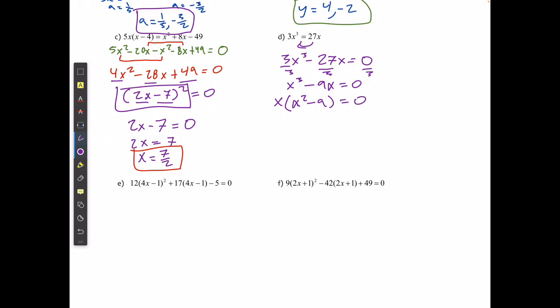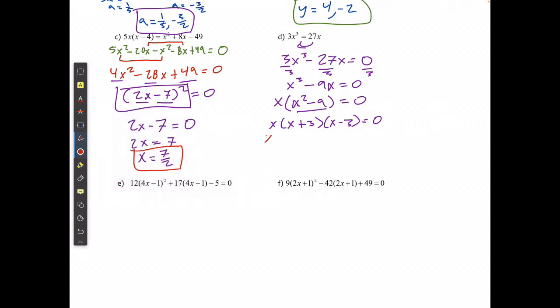And because this is a difference of squares inside of here, x and x plus 3, x minus 3 is equal to 0. Well, in this case, I actually have three factors. I have x, x plus 3, and I have x minus 3. So I have three possible ones I can solve.